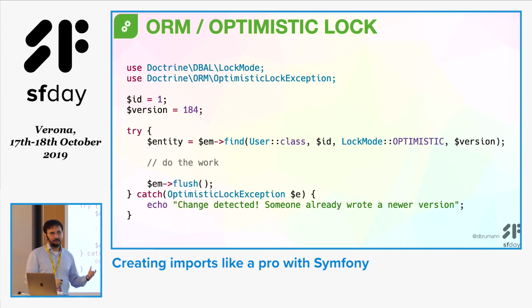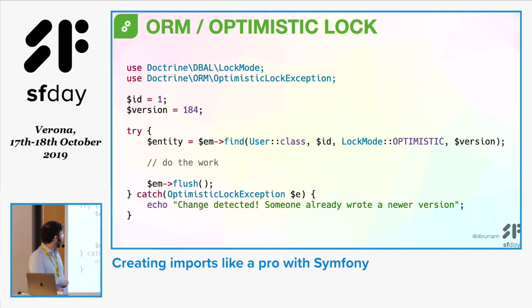So I already have a user acquired at some point. Think about a multi-step process in a form where at the very beginning you acquire the lock and make sure that you can read the data.